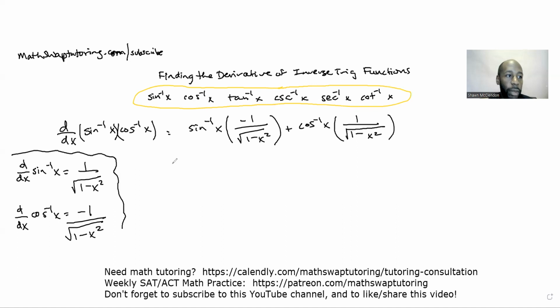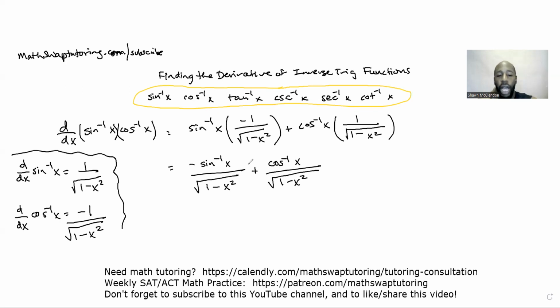All right, so let's combine this stuff together. So this is going to be negative sine inverse of x over the square root of 1 minus x squared plus cosine inverse of x over the square root of 1 minus x squared. Now, if you notice, these are being added together and they have common denominators, so we can combine that even more.